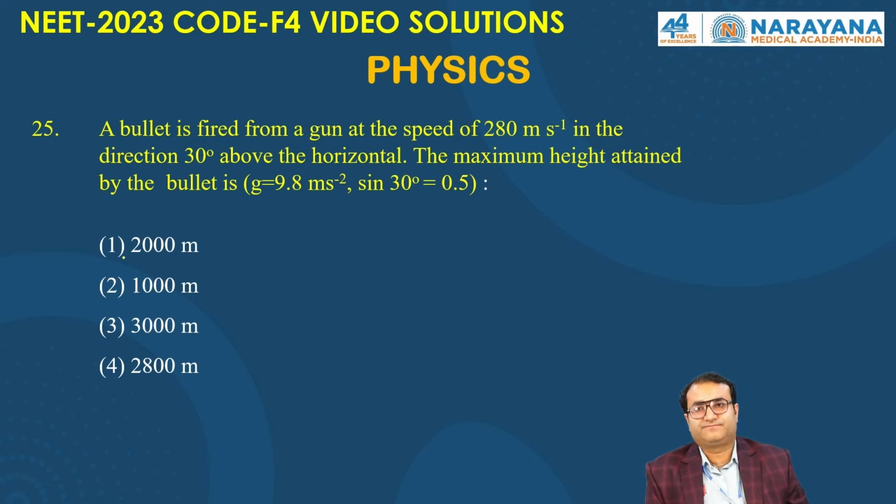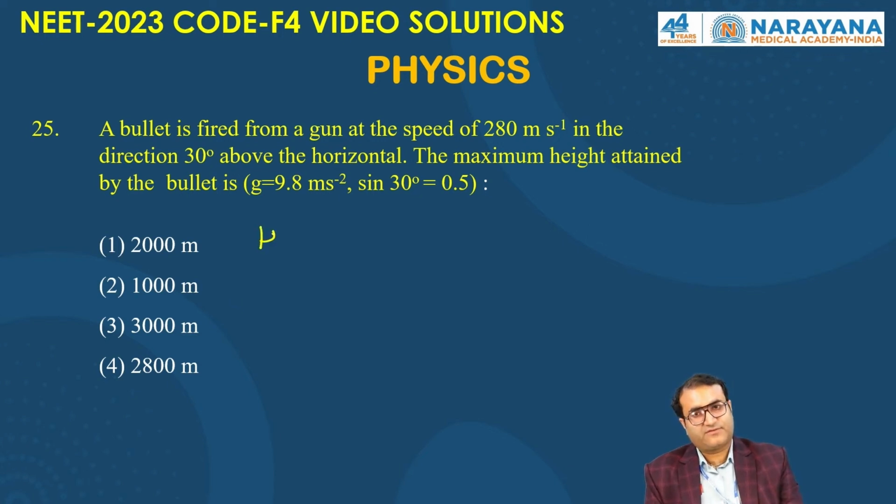Question number 25. You can see here G is 9.8 meter per second square. So you have to take G as 9.8 meter per second square. You have to find the maximum height. The bullet is fired with a speed of 280 meter per second at an angle of 30 degree above the horizontal.